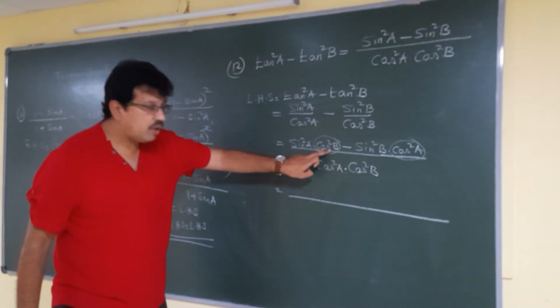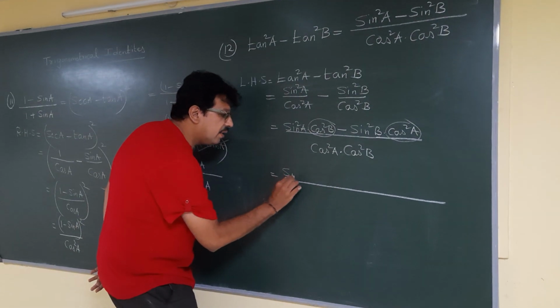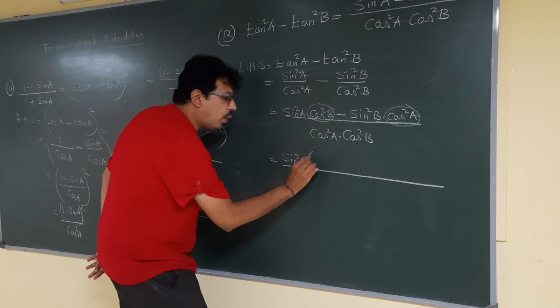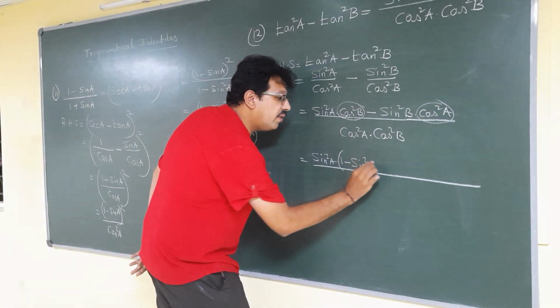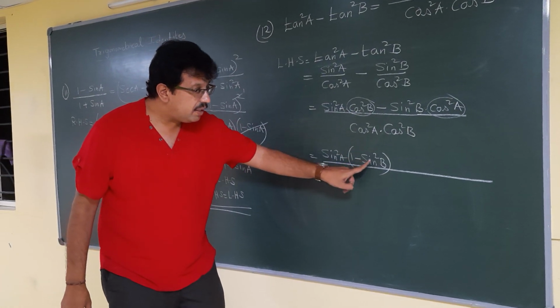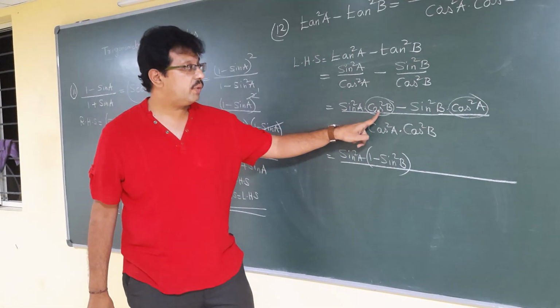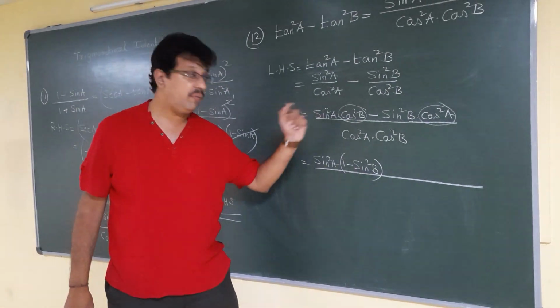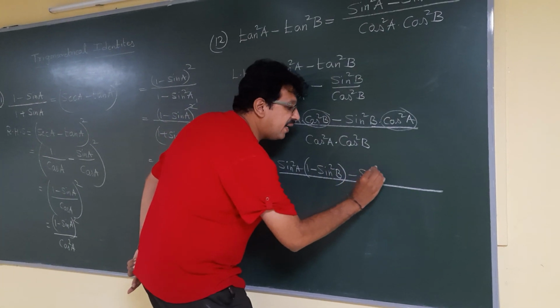In the place of cos square B, we need to remember the identity. What is the identity? Cos square B is 1 minus sin square B. Be very careful with the angle here. Minus sin square B, you write as it is.